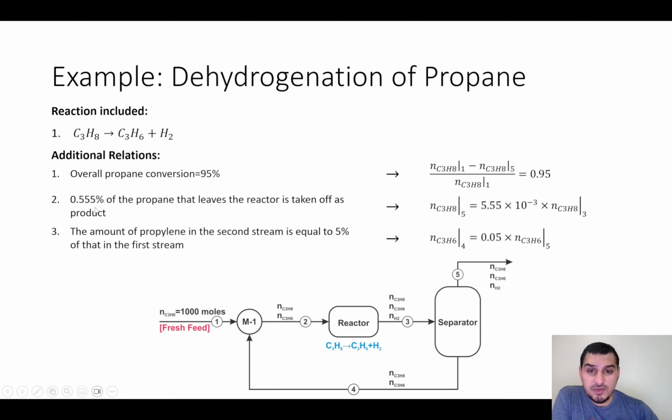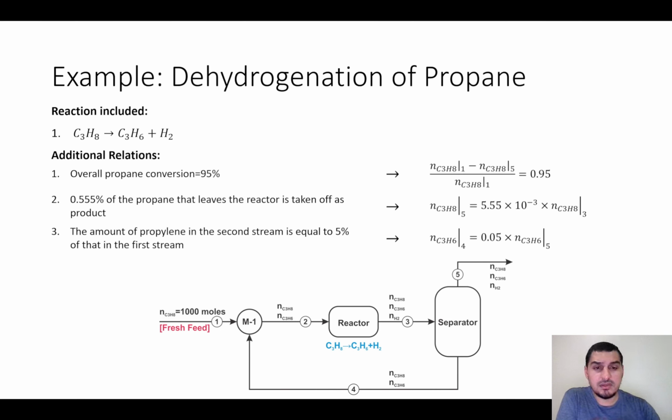The second is that the number of moles of propane in stream 5 is 0.555%, divided by 100, would be 5.55 times 10 to the power minus 3 of the number of moles of propane in stream 3. Finally, the number of moles of propylene in the second stream is 5% of the number of moles of propylene in the first stream. So these are the relations that we have.